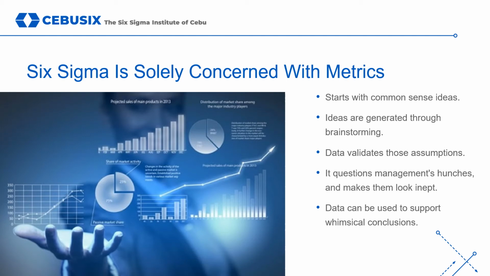Not only are they questioned, but hard data sometimes prove them wrong. Second, in some cases, data is improperly used to support conclusions that are against common sense or tradition. When those conclusions turn out to be faulty, it is easy to blame the process or Six Sigma because there is a lack of adequate understanding of the statistical theories that are involved.